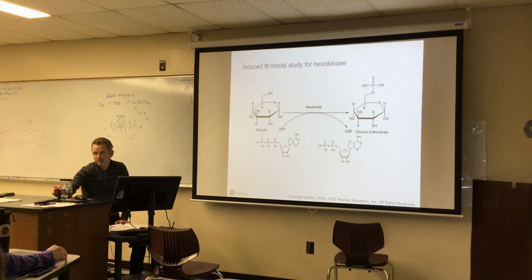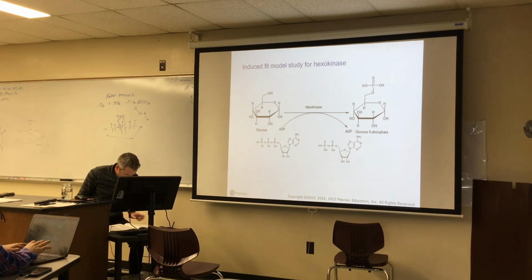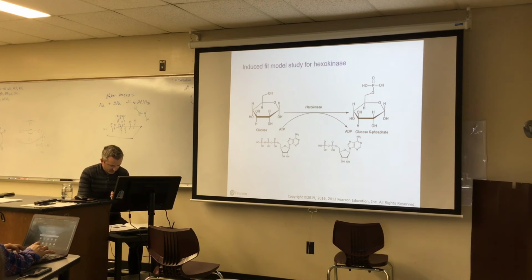Metals are really important for enzyme catalysis, and I think, what does your book say? I thought that it said there's a certain percentage of all the enzymes that have been discovered in the human body that are actually metal-mediated processes. Let's see if I can find that number. One third.